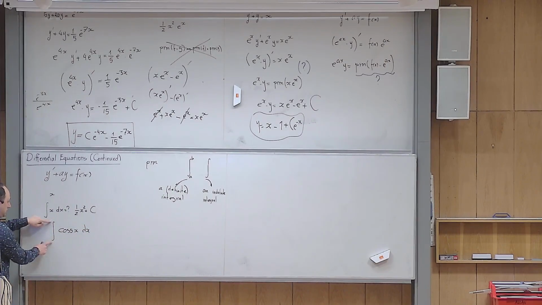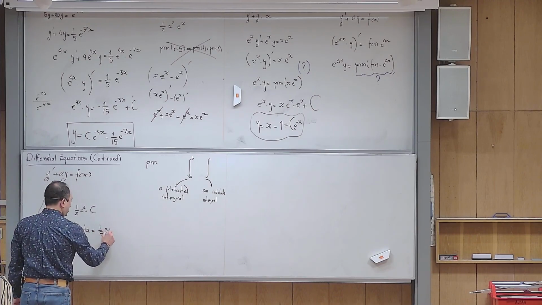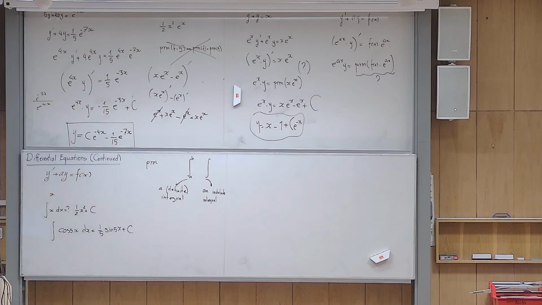As soon as you see this symbol without these limits, you understand that even though we use the word integral again, we mean primitive function. So what's the primitive function for cosine 5x? It is 1 over 5 sine 5x, and of course you add a constant to it. Okay?